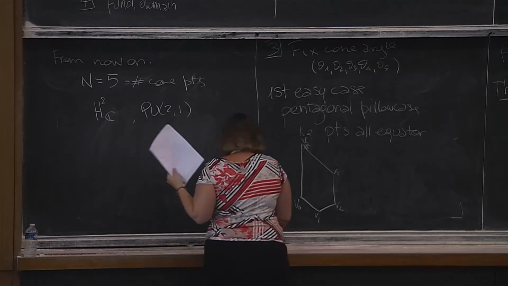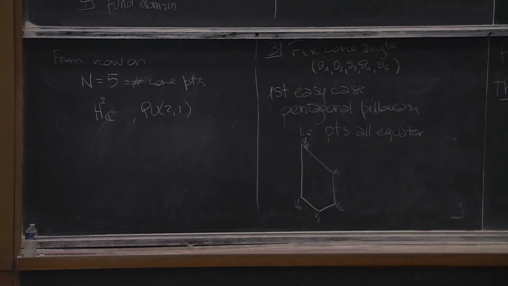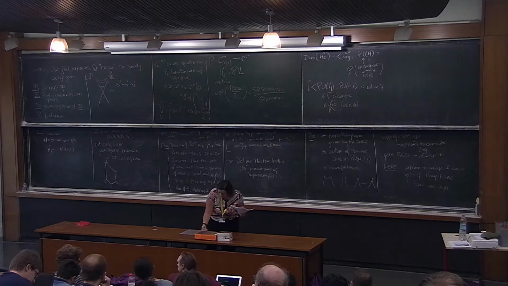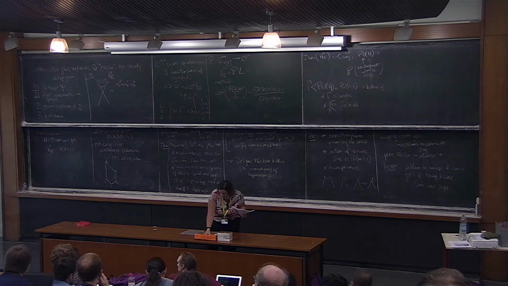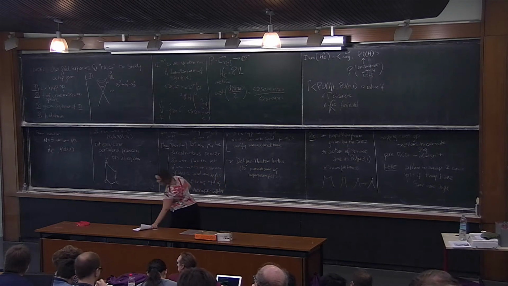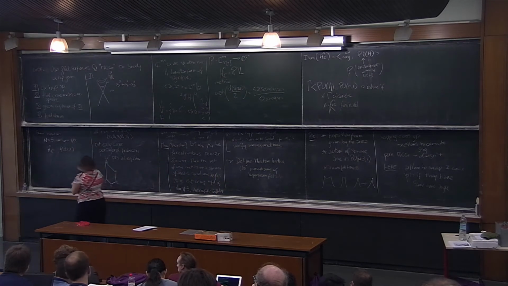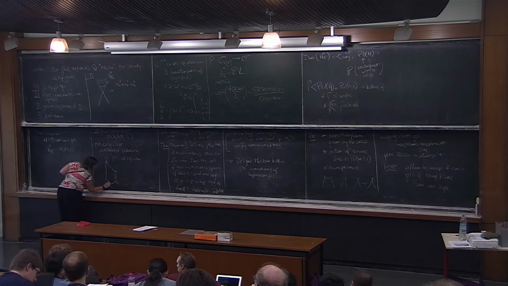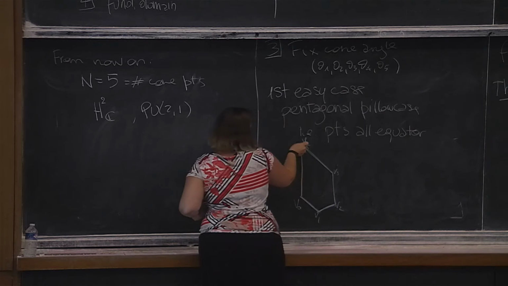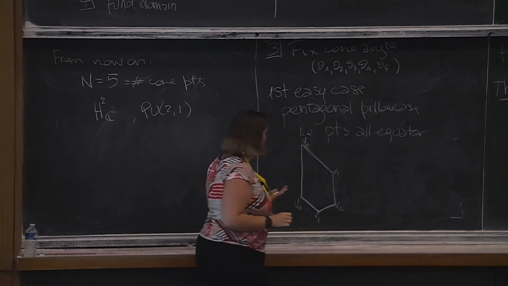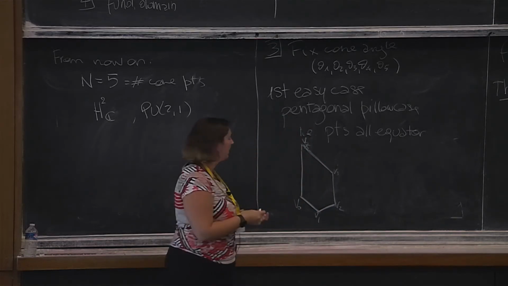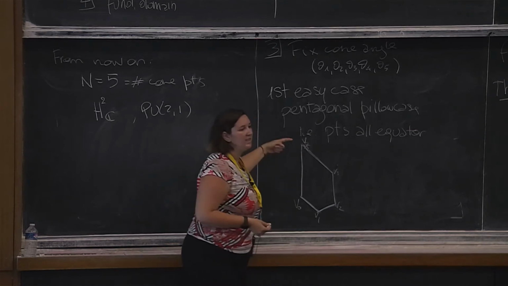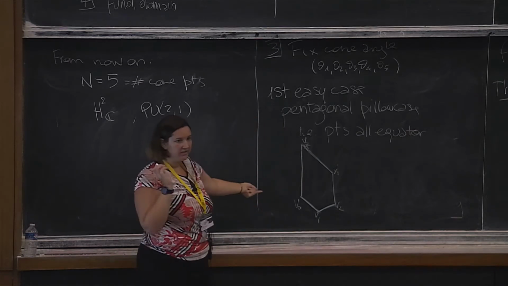So what do we do? The first thing that we do is cut along those curves between the cone points, leaving half of the angle on one side and half of the angle on the other side.